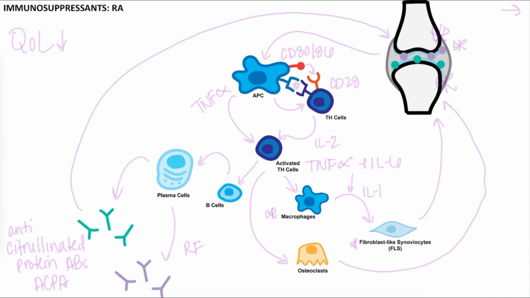So RA is a chronic inflammatory systemic autoimmune disorder that's characterized by this erosive synovitis that leads to joint destruction, deformity, and dysfunction.